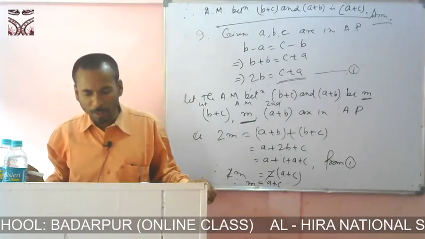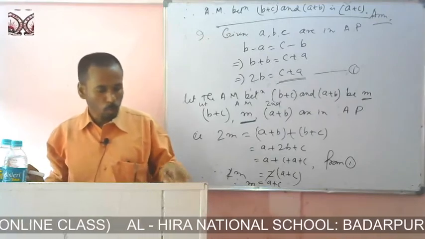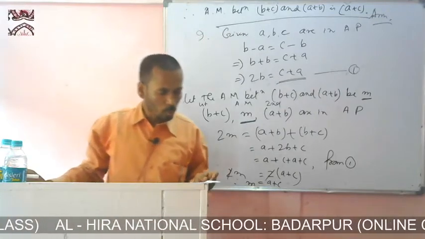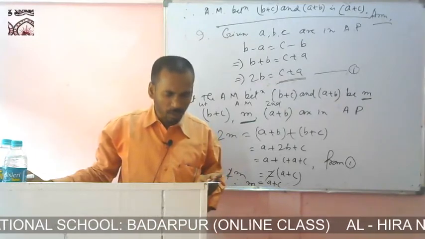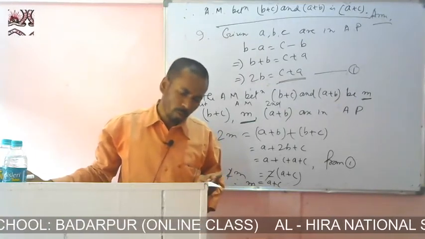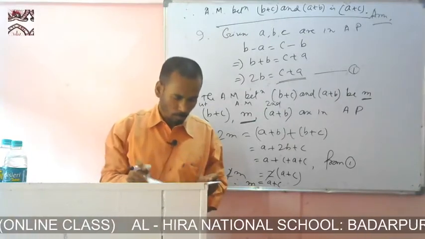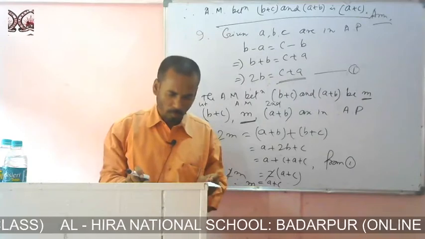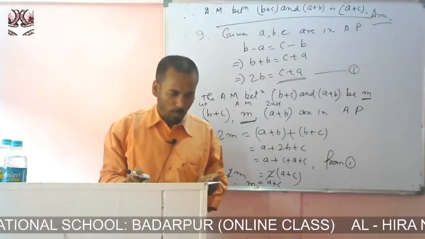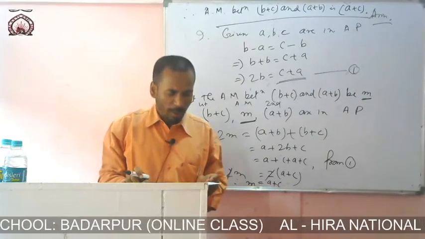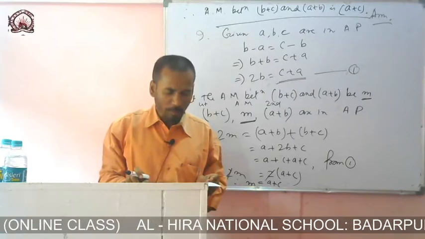Question number 10, 11, 12 are very important, so we will do them one by one. Question 10: in an AP, the first term is 24 and the common difference is -4.